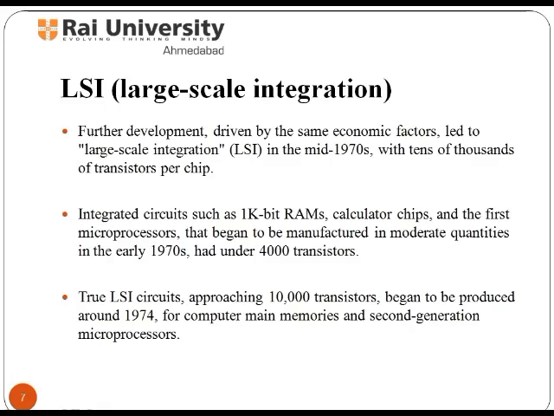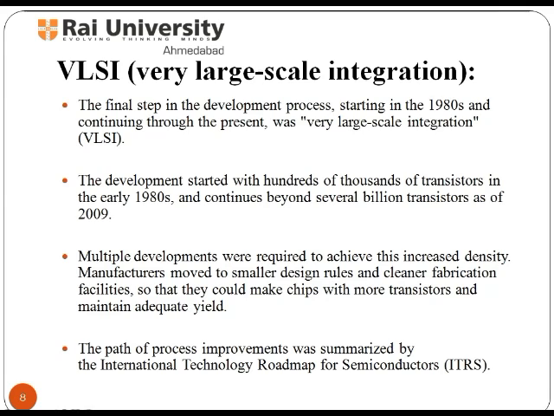Large scale integration was produced through further development driven by the same economic factor, which led to large scale integration in the mid 1970s with tens of thousands of transistors per chip. LSI is used for computer main memories and second generation microprocessors. Calculator chips and the first microprocessor are those integrated circuits which were manufactured in moderate quantities, including 4000 transistors.